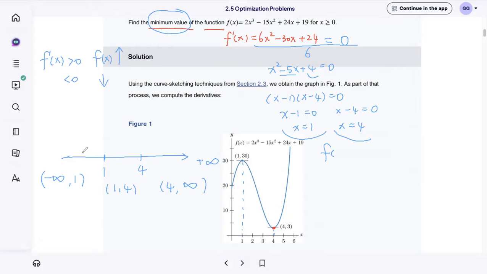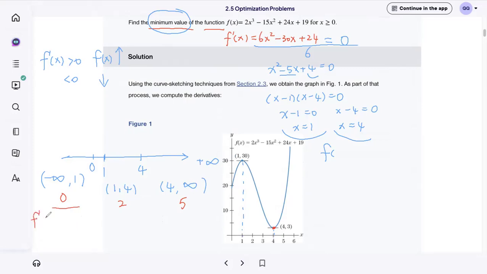So we pick a value on the left-hand side of 1, smaller than 1, so we can pick 0 to evaluate. Actually, since this is a polynomial function, we only have to evaluate the beginning one, because it's one piece of string. It wiggles.